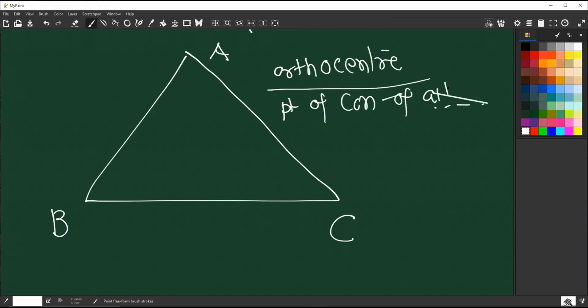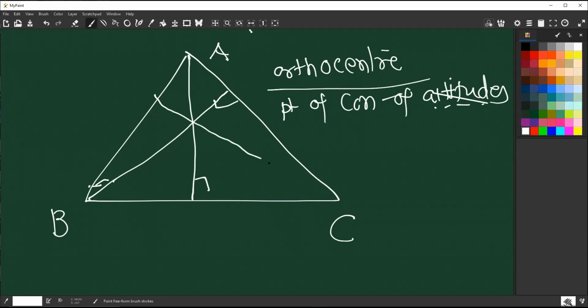Superb, altitudes. Altitude means perpendicular from A on BC, then from B on AC, and the third will be this. So all the three altitudes meet at the orthocenter H.